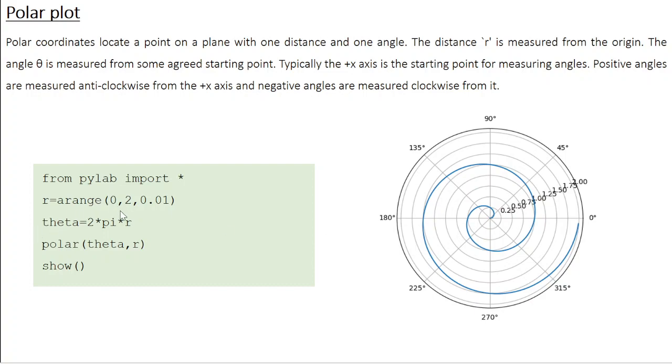And what will be the second point? r is 0.01 and theta is 2 pi multiplied by 0.01. So that's going to be the second point. Okay, so that's how this graph is plotted. Since I did not specify any styling, the default styling is applied, that is the blue solid line.